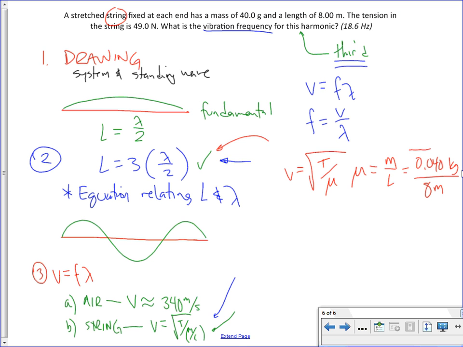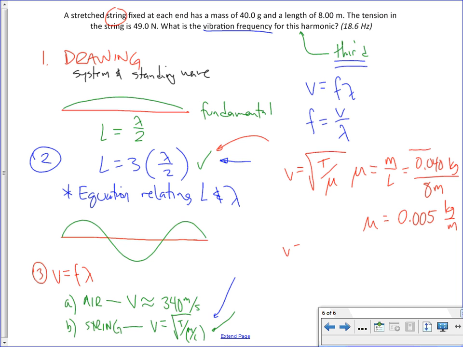So that gives us mu is 0.005 by my math, and a couple of zeros for the right sig figs, kilograms per meter. I mean, am I right or am I right? Yeah, I'm right. So there's mu.